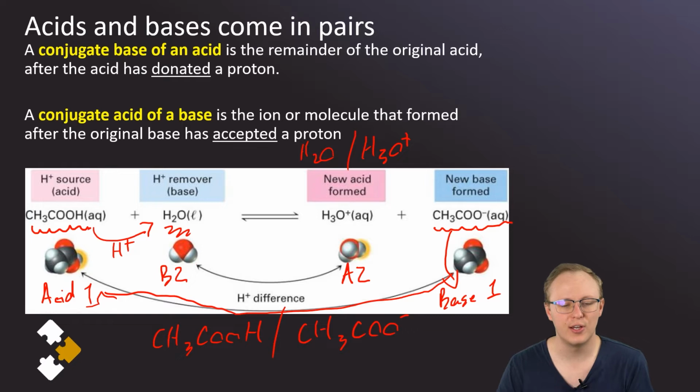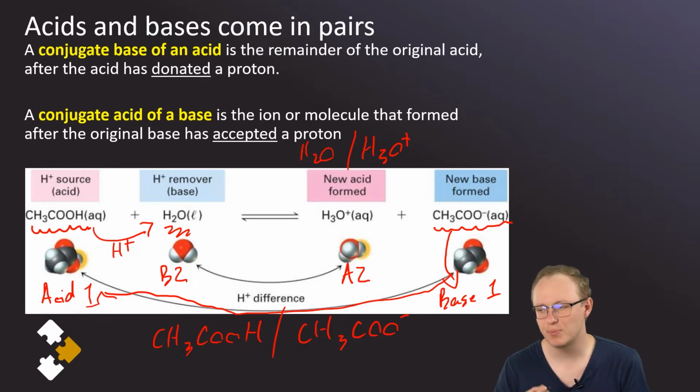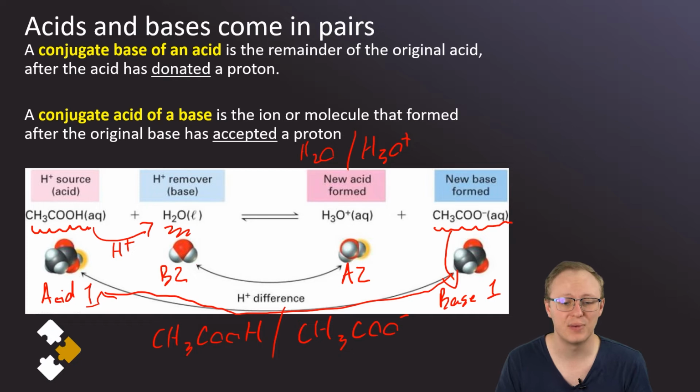So what you'll notice here is, because it's about what's left when you donate a proton or what you get when you receive a proton, the difference between the conjugate acids and bases is a single proton. So you can see that that proton is the difference between the conjugates.